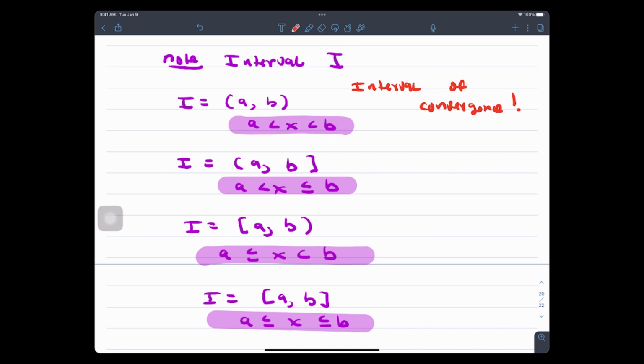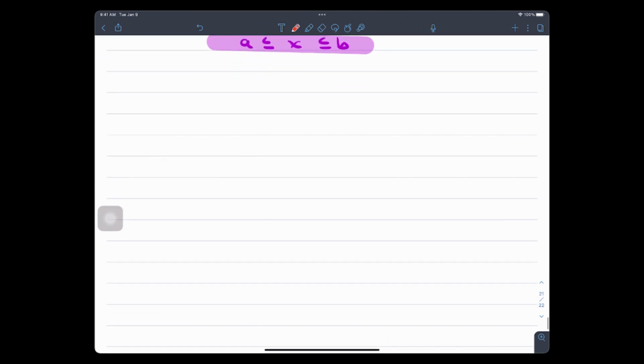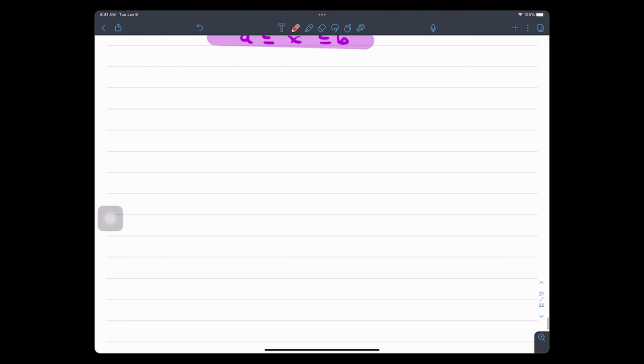Now, I don't know if I have time for an example, but let me try one here. This is what's coming for us, ladies and gentlemen.